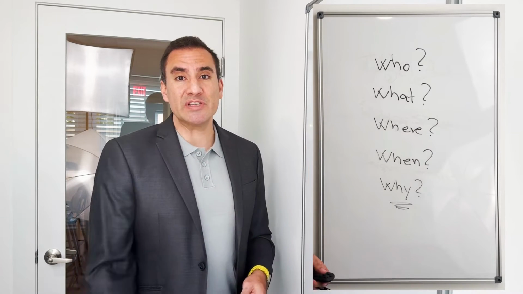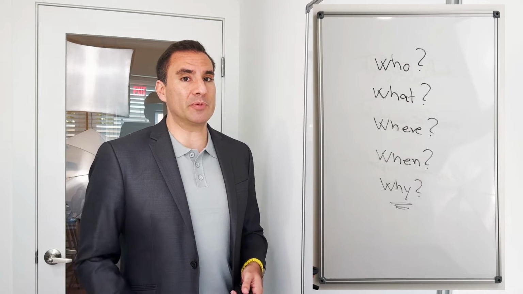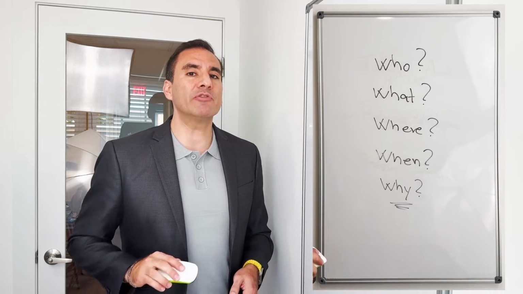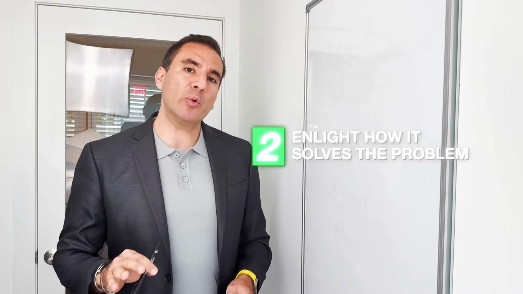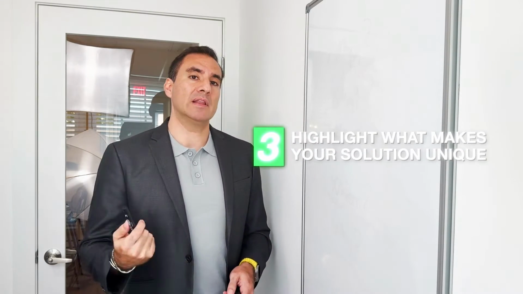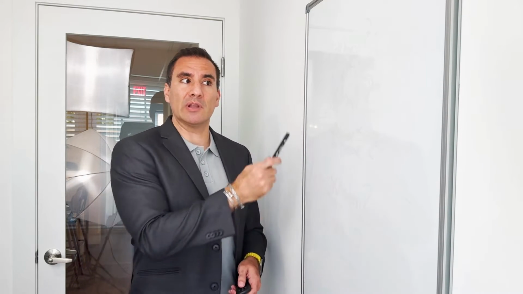Next, we transition from the problem statement to crafting our value proposition. Here's a simple formula to follow. First, identify the main benefit your software provides. Then, explain how it solves the problem. Highlight what makes your solution unique. Let's go back to the example. For a project management tool, a value proposition might look like this.